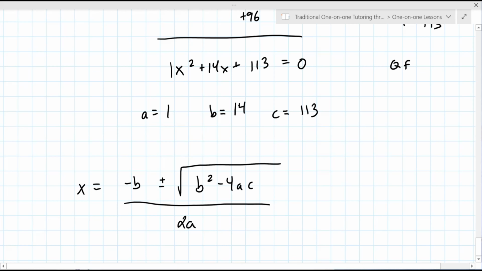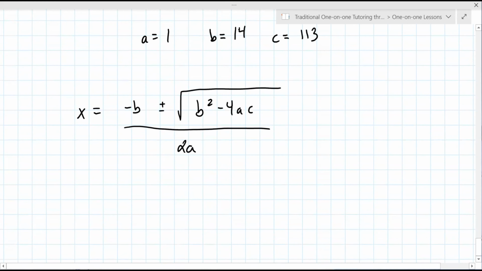This is probably why I can remember it many years later. That's my technique. Whatever you need to use to remember it, or if you get a reference sheet on an exam, I guess you don't need to remember it. But it would be good to do something to remember this, because it does come back in other math classes, and you may find that you take math again at some point.